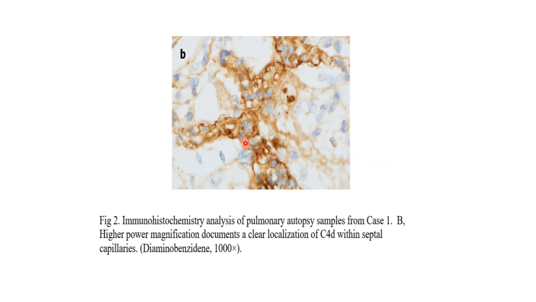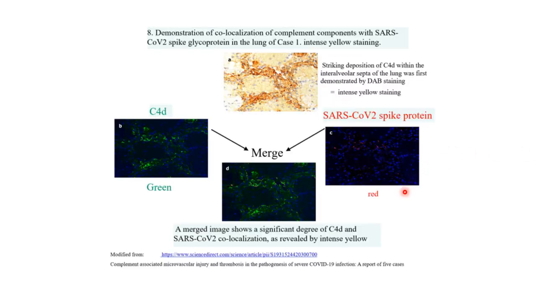And if you look here in endothelium in this slide, there is clearly C4d deposition here. That is to say, there is evidence that there was complement fixation here. In this slide, it shows very clear C4d deposition. So in green here is C4d, showing that complement fixation has taken place.